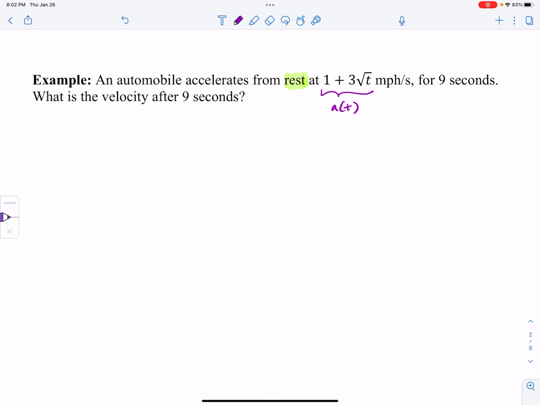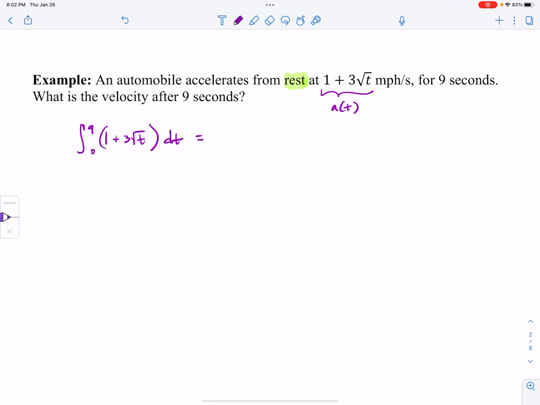Then it accelerates based on that acceleration function. So in order to calculate the velocity after 9 seconds, that'll be the integral from 0 to 9 of 1 plus 3 root t dt.